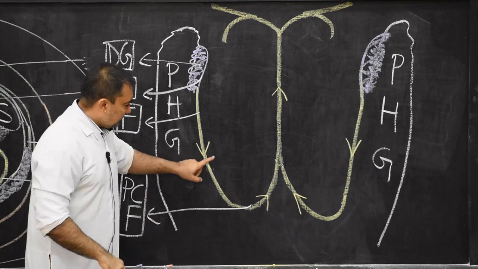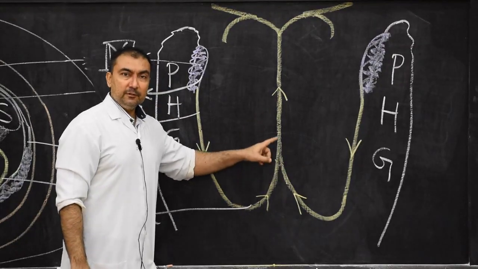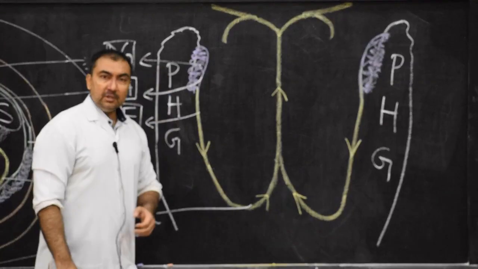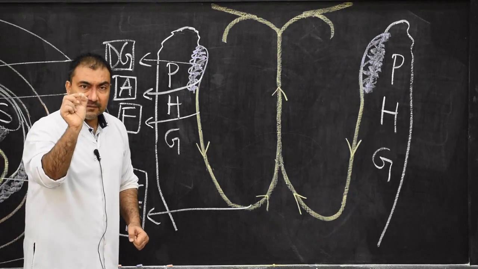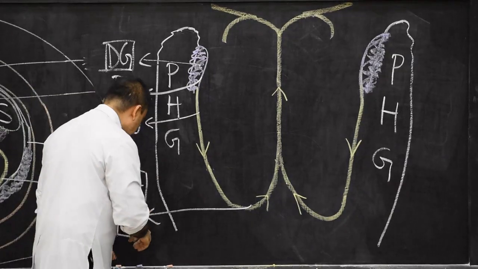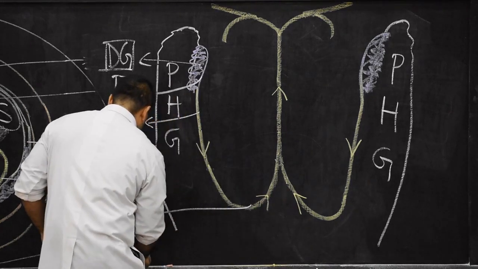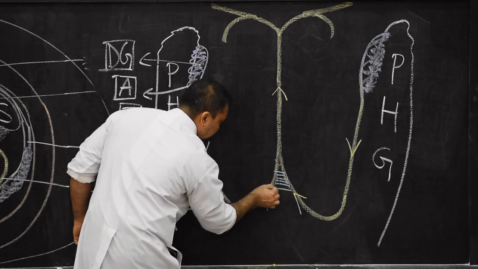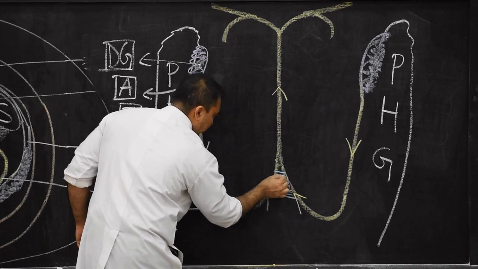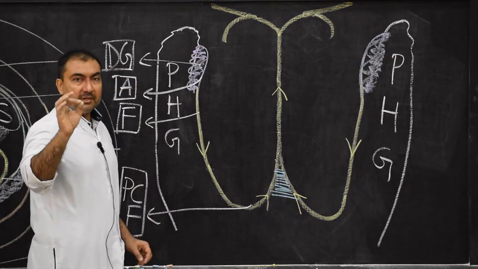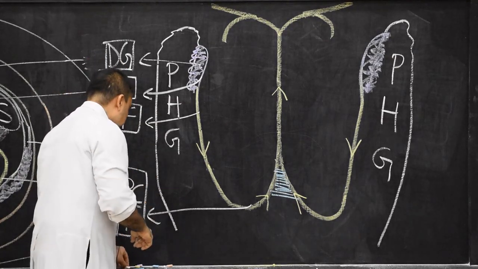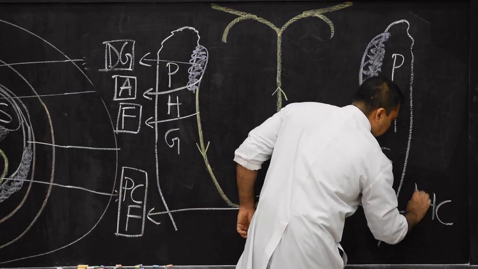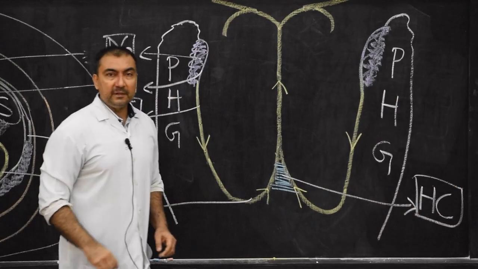So here, these are the basic efferent fibers of the fornices. This posterior columns of fornix will be united with each other by short commissural fibers, which we are going to show. Let me show with blue color. These are the commissural fibers, and they will be known as the hippocampal commissure, the commissure of the fibers of the fornix.